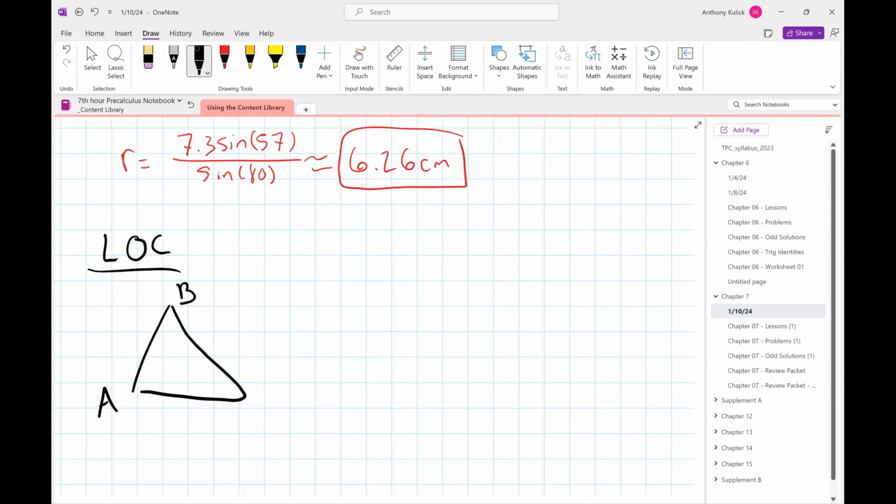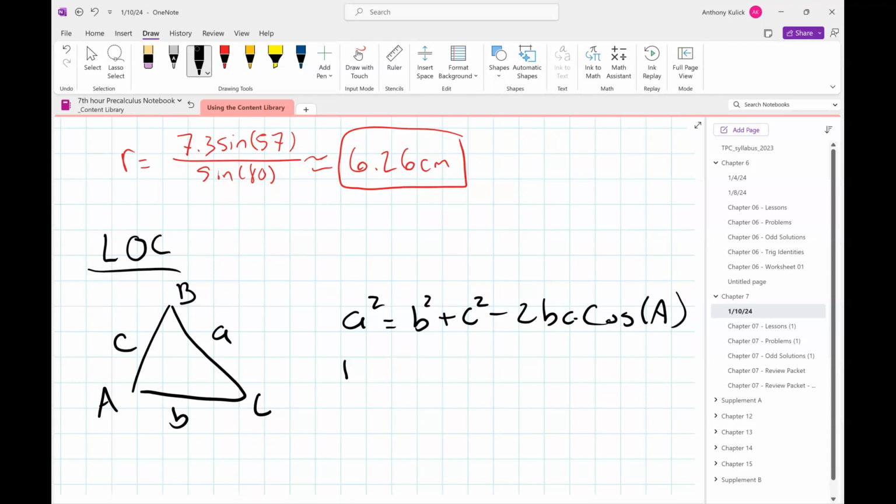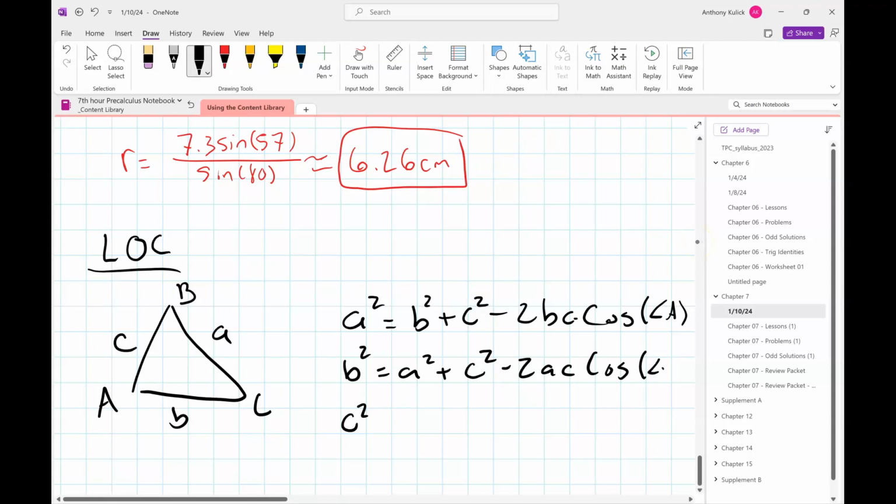If I have just some non-right triangle, I can say a squared is equal to b squared plus c squared minus 2bc times cosine of A. Or I can say b squared is equal to a squared plus c squared minus 2ac cosine of angle B. Or I can say c squared is equal to a squared plus b squared minus 2ab cosine of angle C.